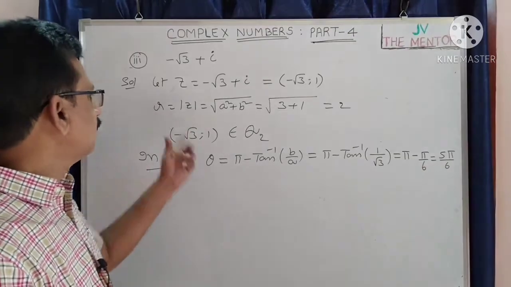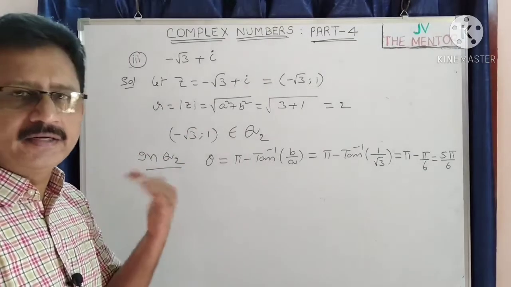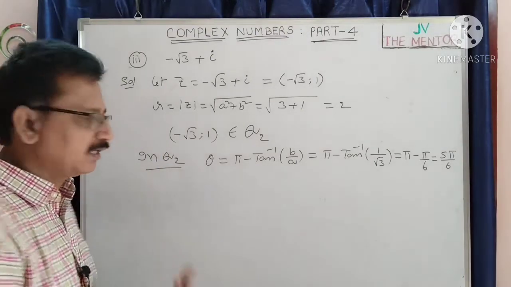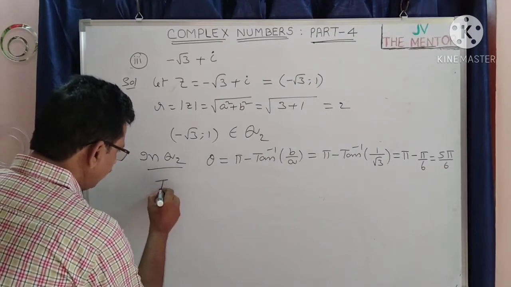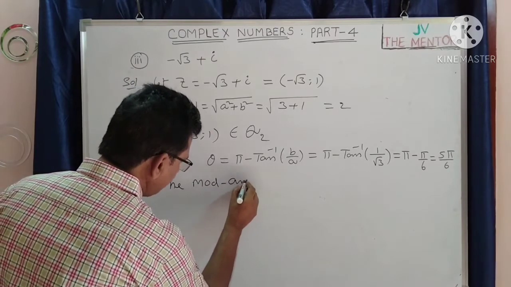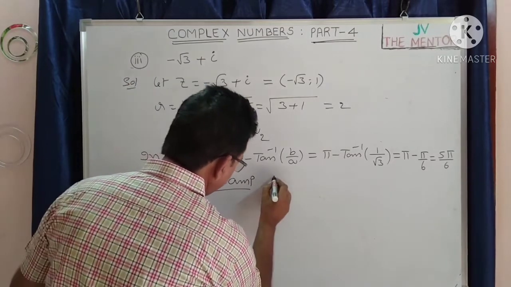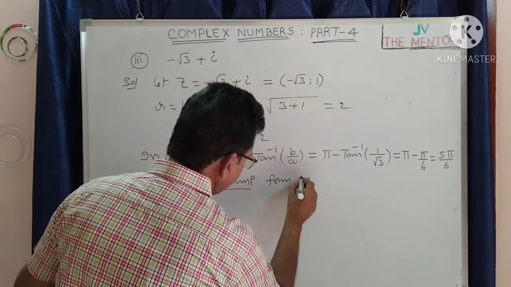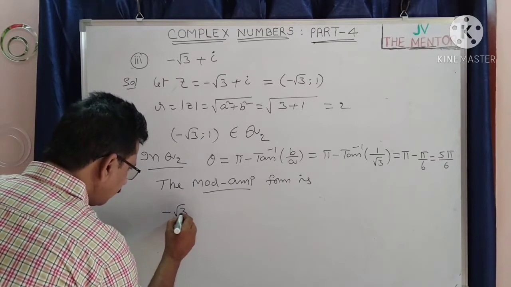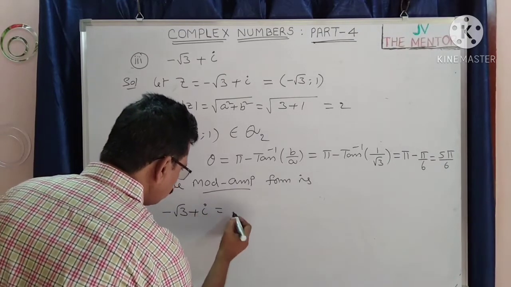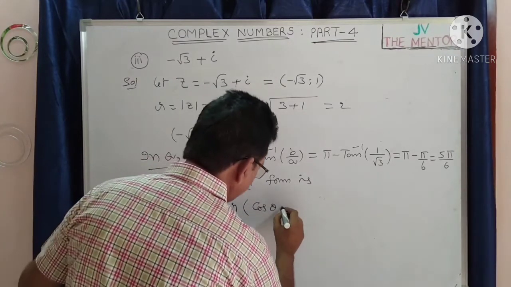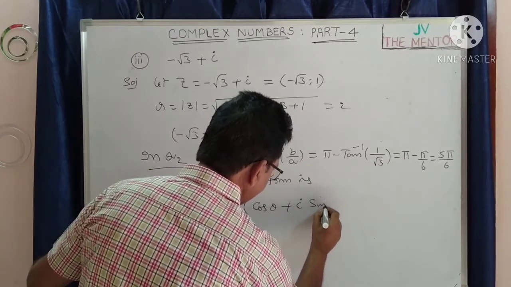Now substitute the values of r and theta in the modulus amplitude form. What is the modulus amplitude form? R into cos theta plus I sin theta. Write down. The modulus amplitude form is minus root 3 plus I equal to r into cos theta plus I sin theta.